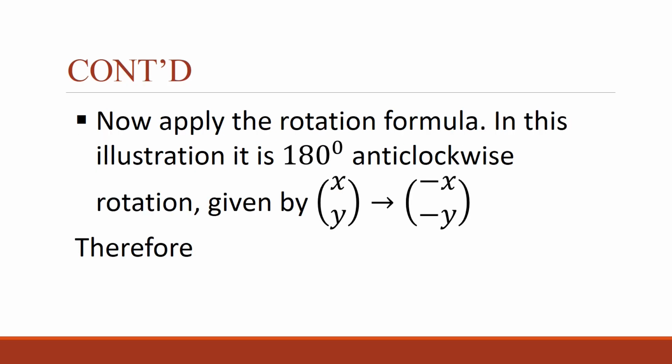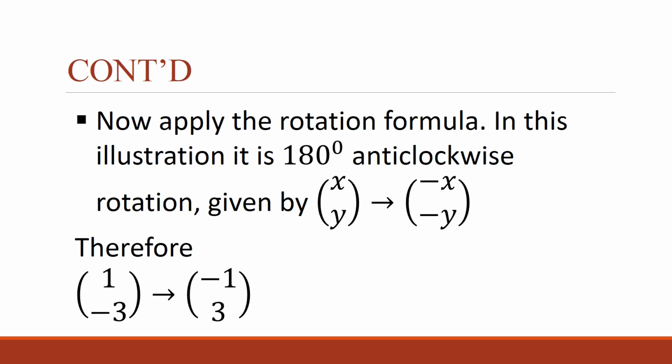The next step is that we apply the rotation formula. And in this illustration, we are applying 180 degrees anticlockwise rotation, which is given by (x, y), that is the object point, mapping to the image point (negative x, negative y).